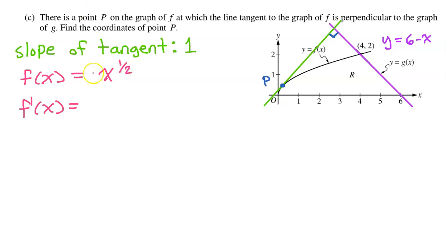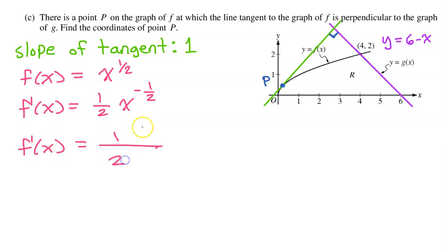So for f prime, we are going to put the 1/2 in the front and reduce the exponent by 1. So that means 1/2 x to the -1/2 power. Rewriting this a little bit, I'm dropping the x to the -1/2 power down to the denominator as the square root of x. So this is f prime.